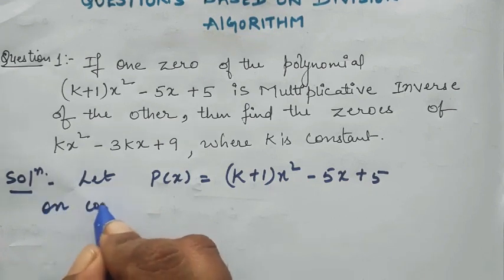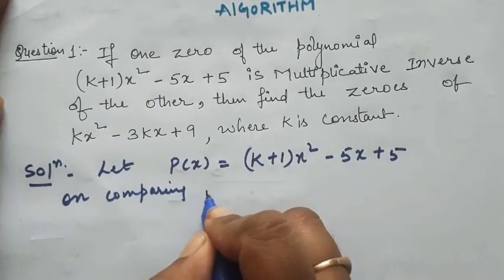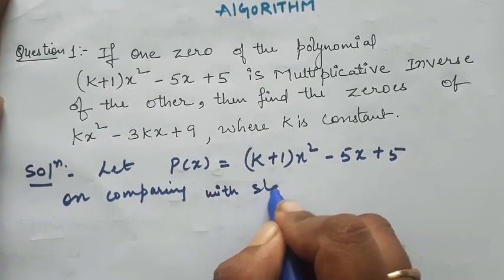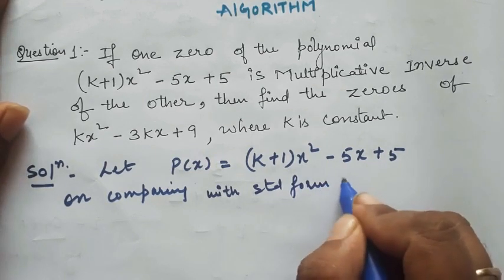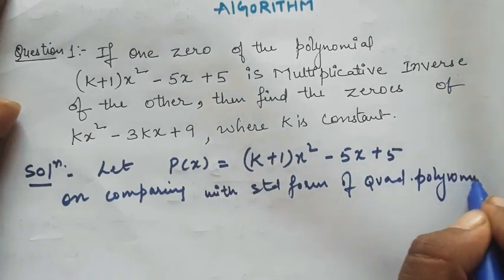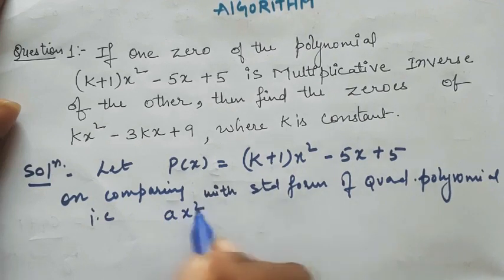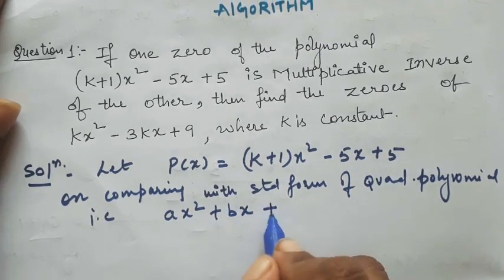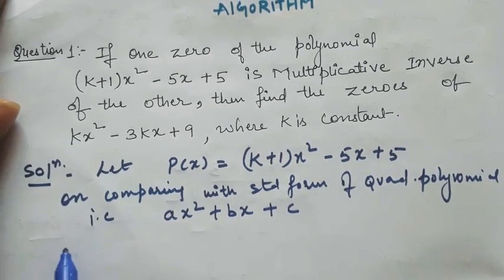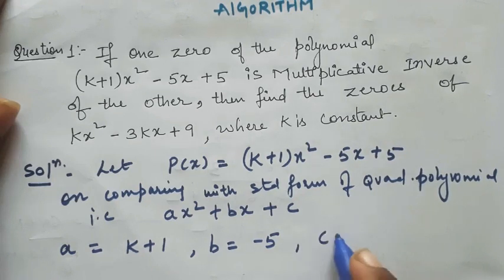On comparing with the standard form of a quadratic polynomial, that is ax square plus bx plus c, the value of a will be k plus 1, b is equal to minus 5, c is equal to 5.